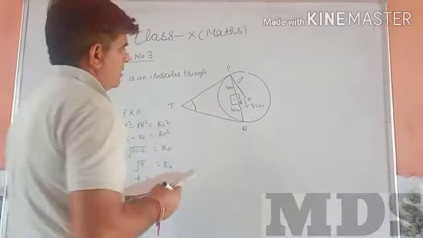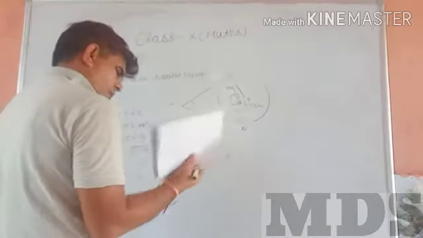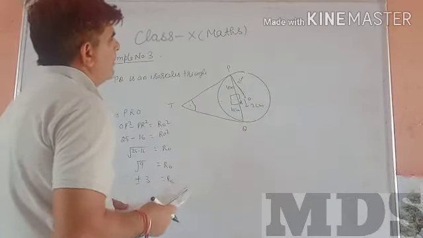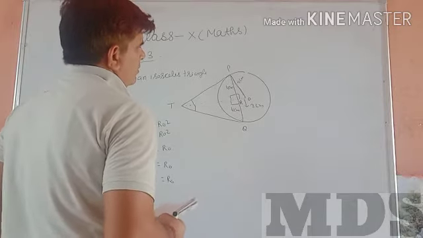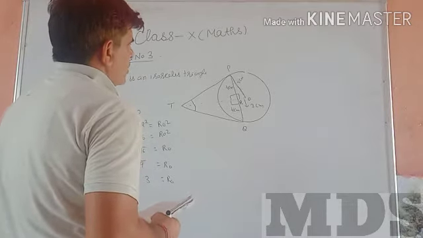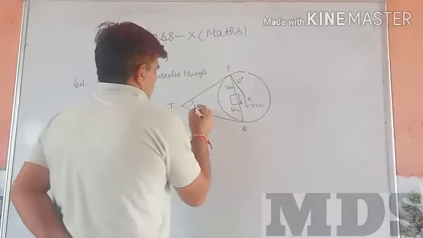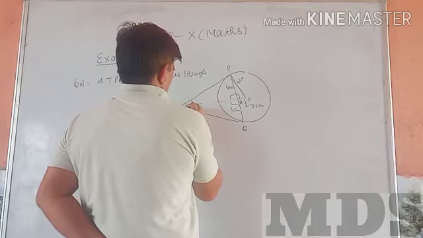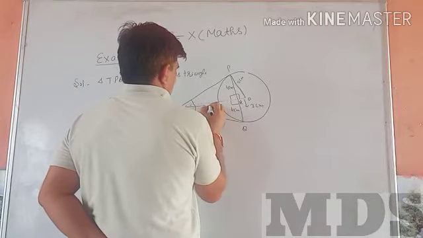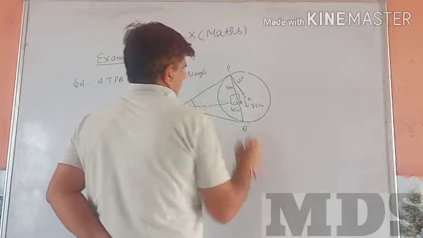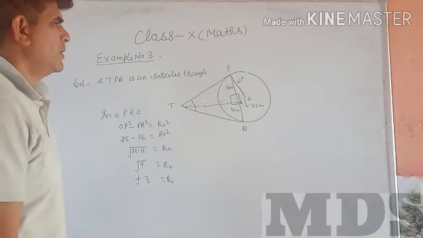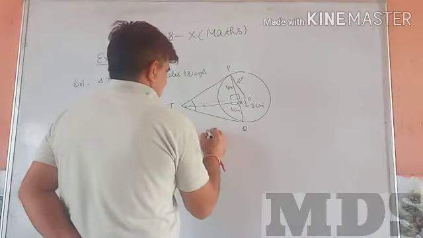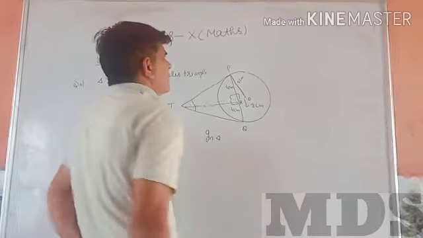This is 3 centimeters. You have to find the length of TP. Understood? You can apply this method also. Starting from here, this is X, this is also X. In which triangle?